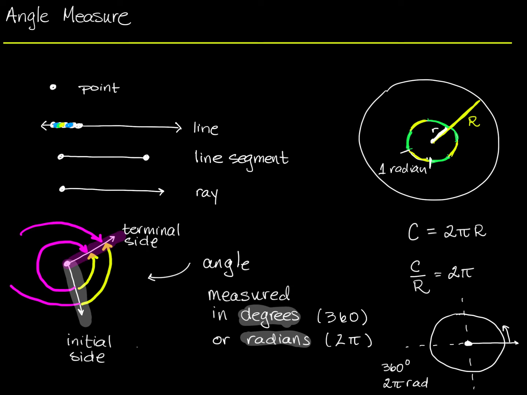If I only get halfway, I will have gone 180 degrees, or half of 2 pi radians, which is pi radians. All right, I've run out of room, so I'm going to go to the next screen, and we're going to talk a little bit more about some common angle measurements in both radians and degrees.